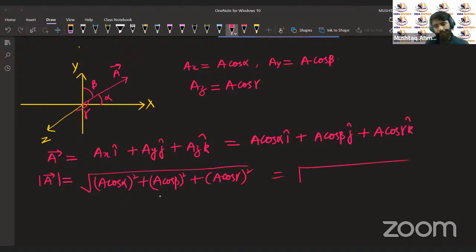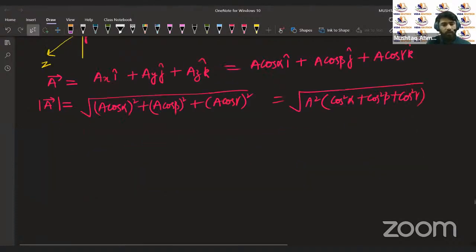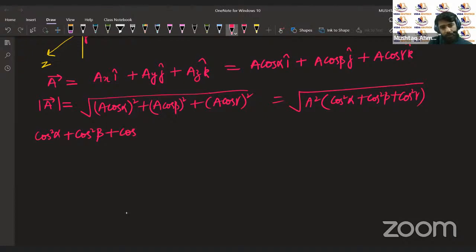We'll be left with A square common, cos square alpha plus cos square beta plus cos square gamma. The value of cos square alpha plus cos square beta plus cos square gamma is equal to 1.